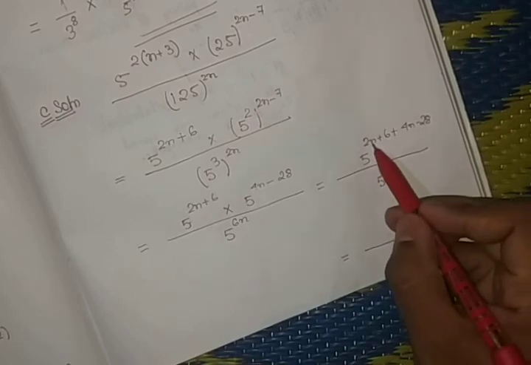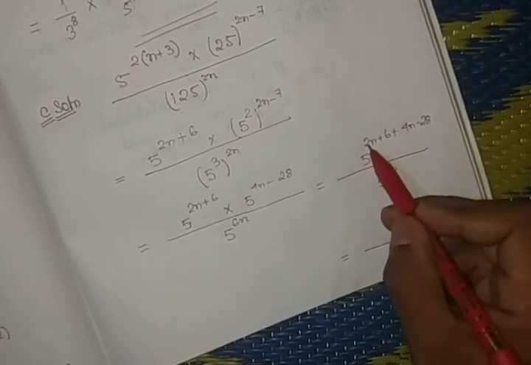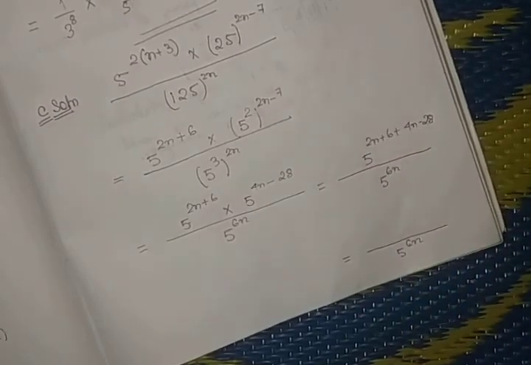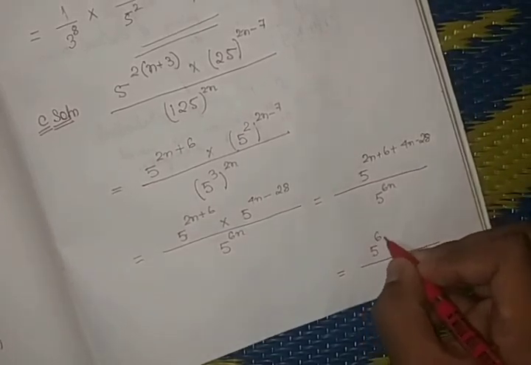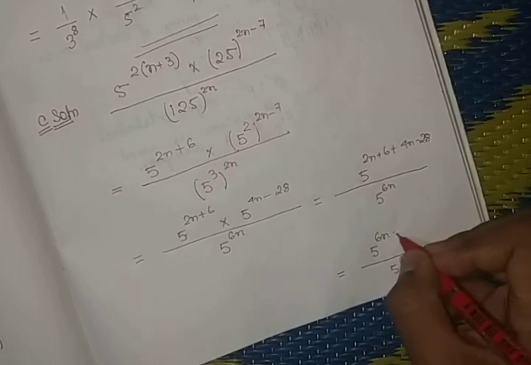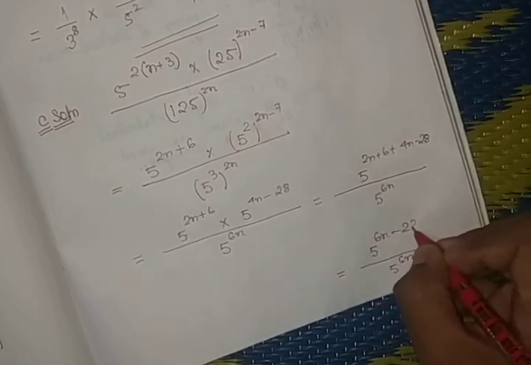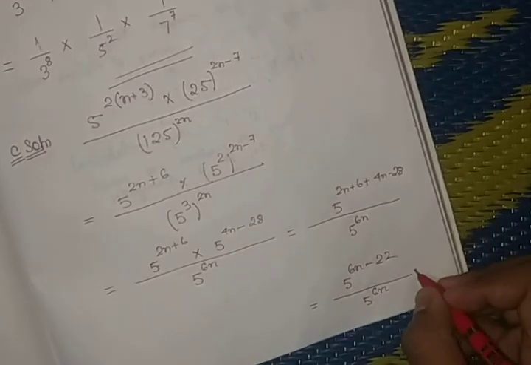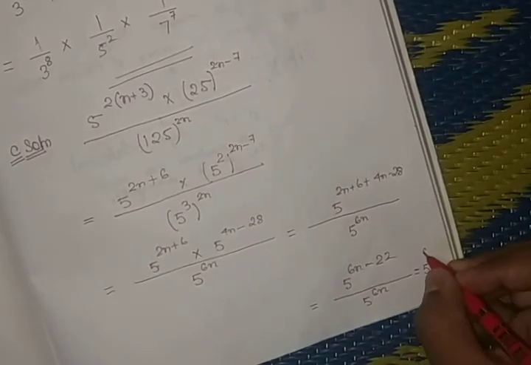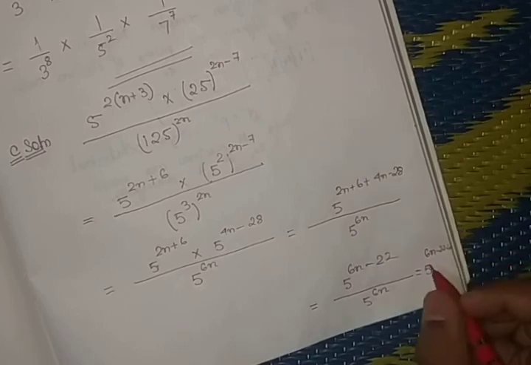Then here this n and this n, they are like terms, so 2 plus 4 it will be 6. Then it will be 5 to the power 6n, this will be minus 22. Then now we have to divide this one, this will be equal to 5 to the power 6n minus 22 minus 6n.